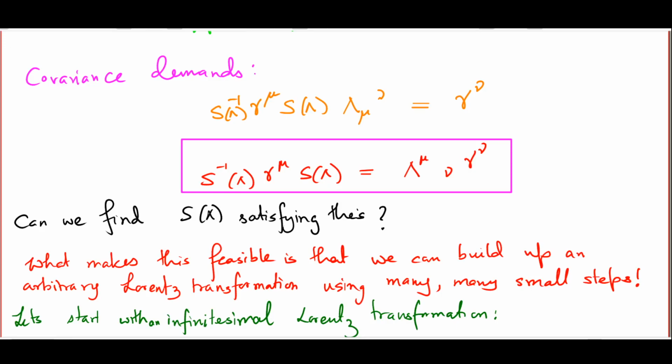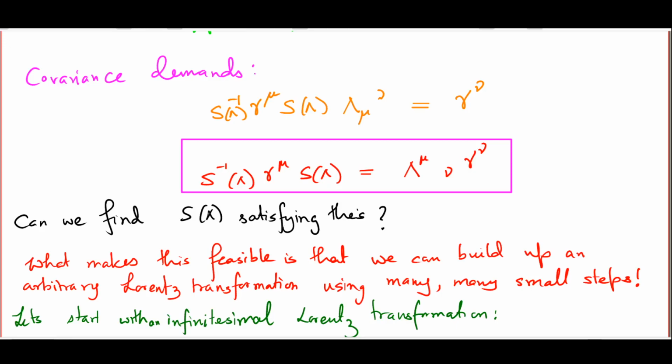After all, there are infinitely many Lorentz transformations possible. And what this is asking for is for each such Lorentz transformation, we find a corresponding 4x4 matrix which obeys this equation. Now, what makes this task at all feasible is the fact that we can build up an arbitrary transformation between two inertial observers using many small steps.